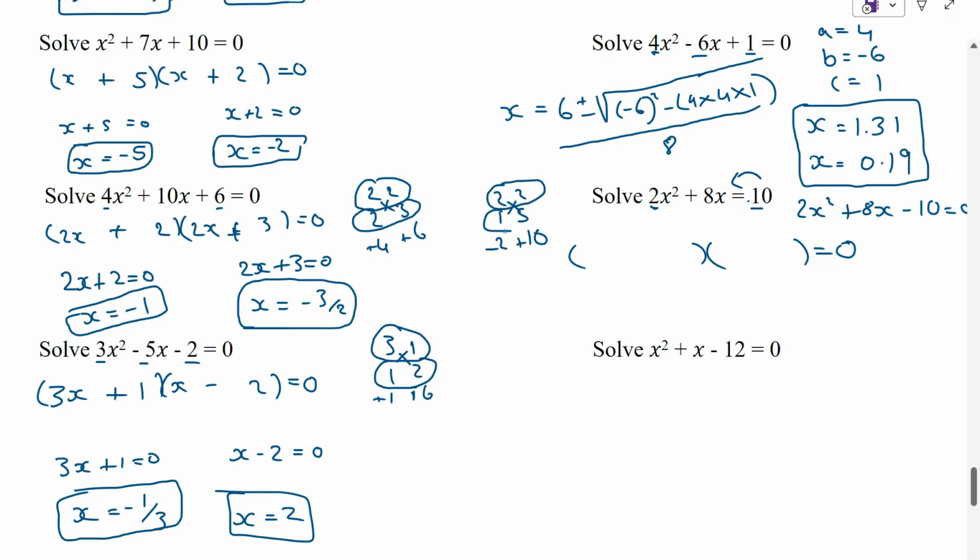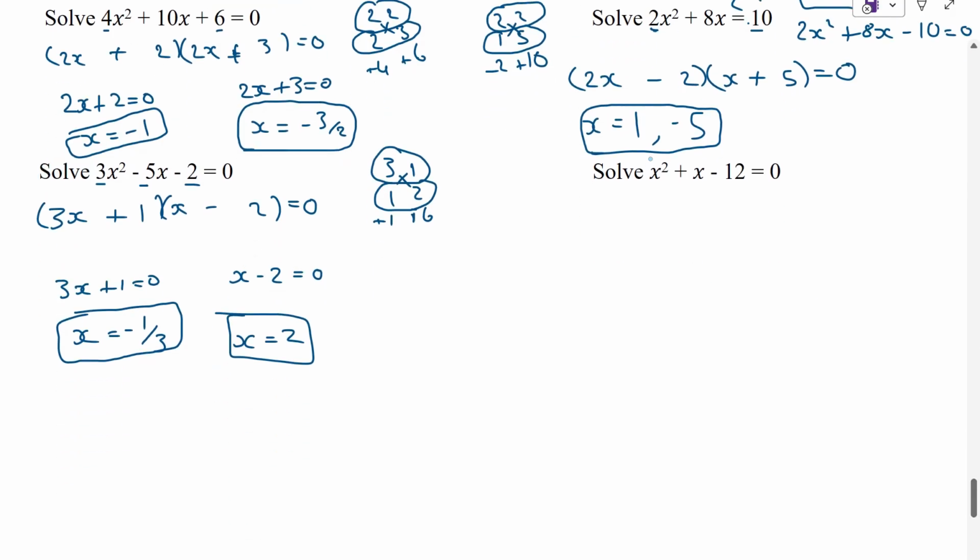So this can be factorized, and these are our double brackets. 2x and 2, x and 5. So we're going to do plus 10x minus 2x, and then minus 2 multiplied by plus 5 gives us minus 10 here. So when we solve for x, x will be 1 and x will be minus 5.